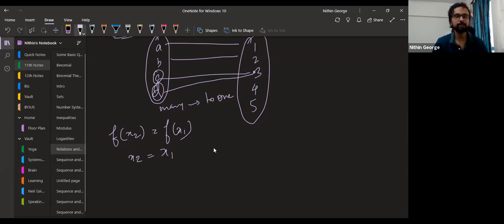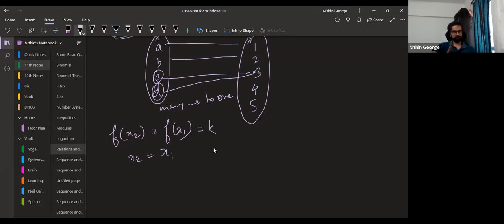Two things, x2 and x1, cannot point to the same value. If you input two different things, it cannot point to the same thing. So if I get f of x2 equal to f of x1, then you're talking about the same point only. That's the trick here. Got it?